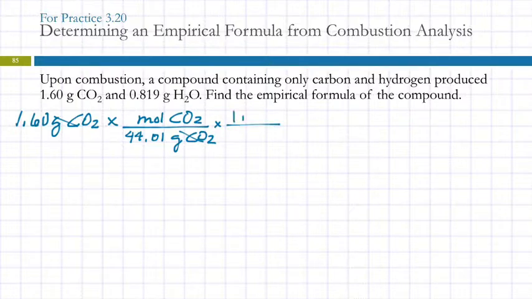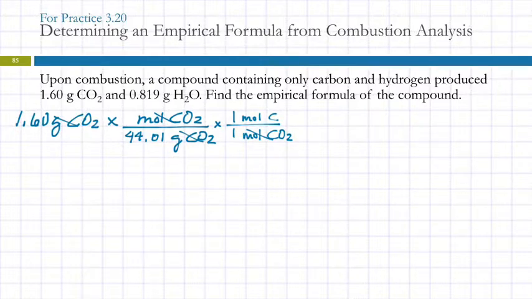So 1 mole of carbon to 1 mole of CO2. And sometimes students ask, why do I have to write that down? Because you got to show how it happened, right? And sometimes it's not one-to-one. And so it's important to just write it down so that you don't accidentally overlook something.